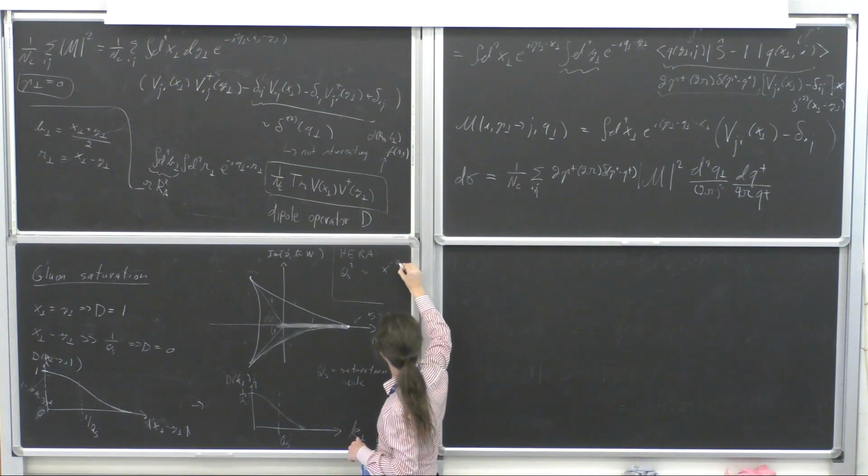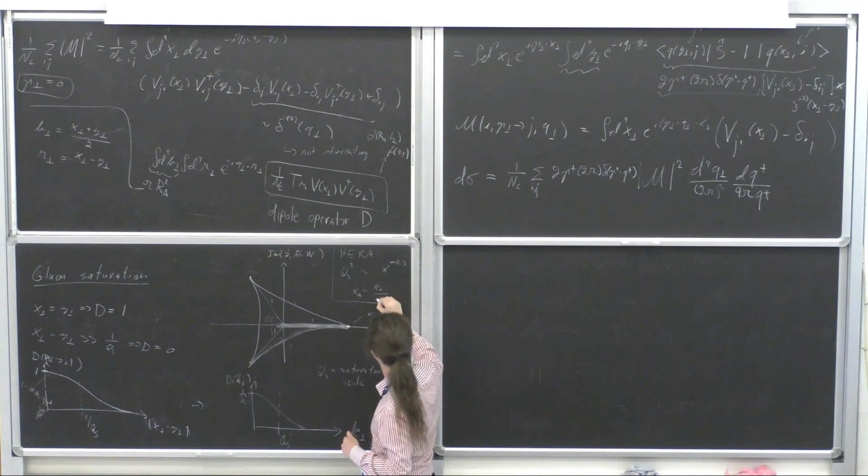It goes like maybe x to the minus 0.3, where remember x_A was proportional to k perp over square root s times exponential of minus y.